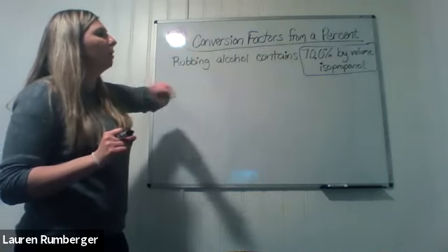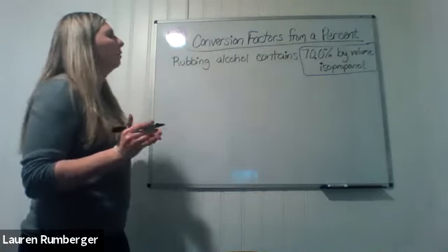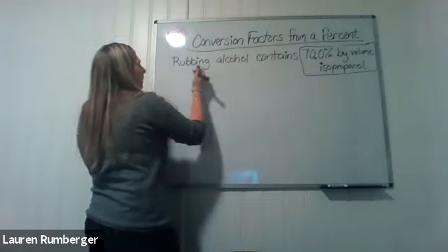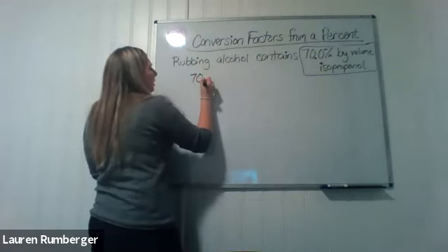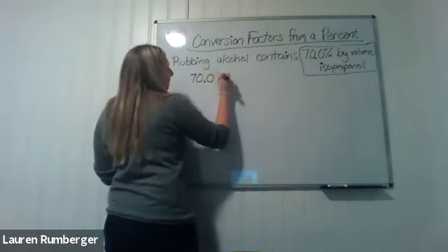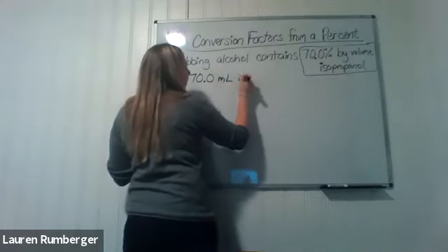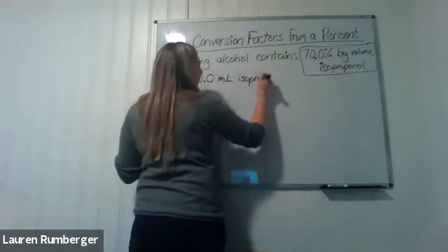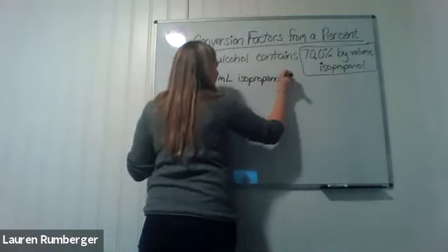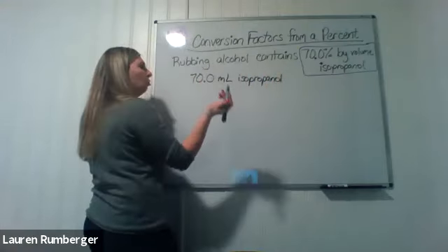70% by volume isopropanol is in the rubbing alcohol. This means 70.0 milliliters of isopropanol per 100 milliliters of our rubbing alcohol.